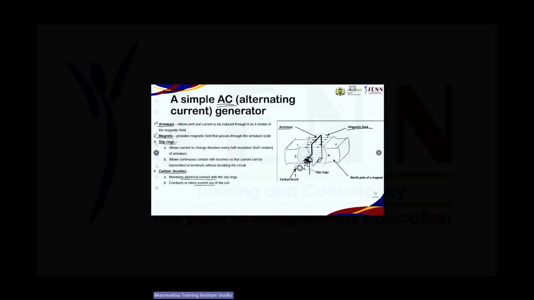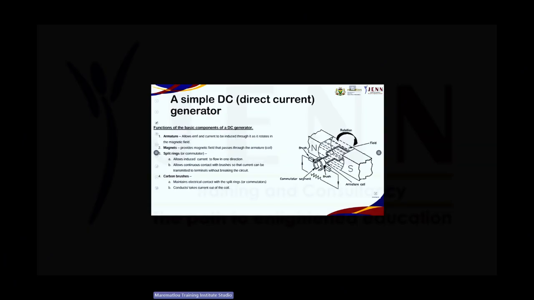And where your current was flowing upwards, now your current is going to flow downwards. So that is why we have these slip rings, so that we can initiate the alternating of our current.